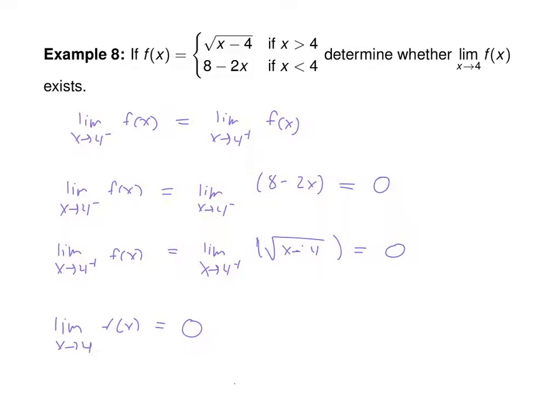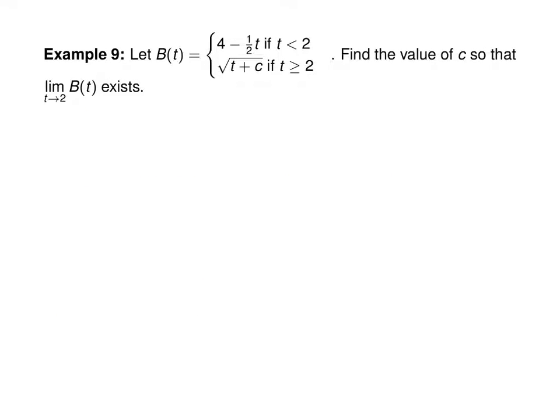And then one more of these. This one's a little bit funky. So I gave you a line and a root function, and I said, how do you make those line up so the limit exists?